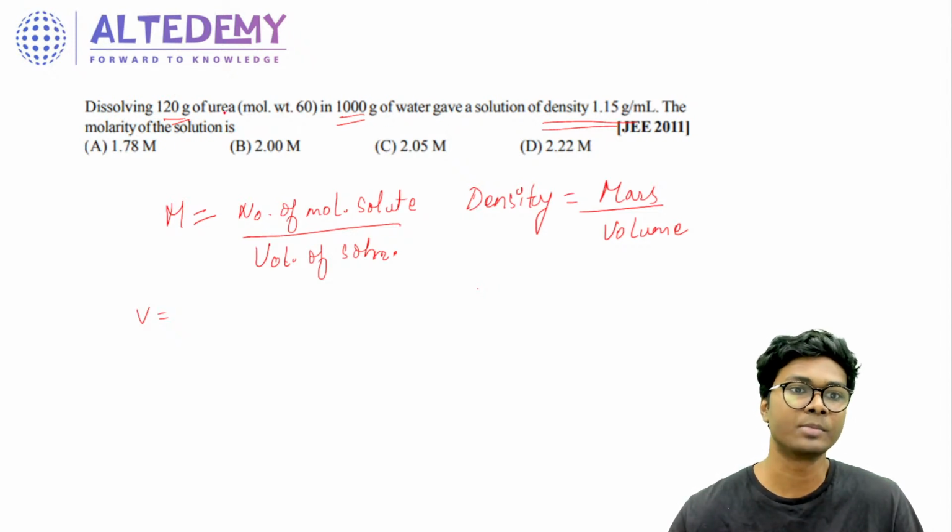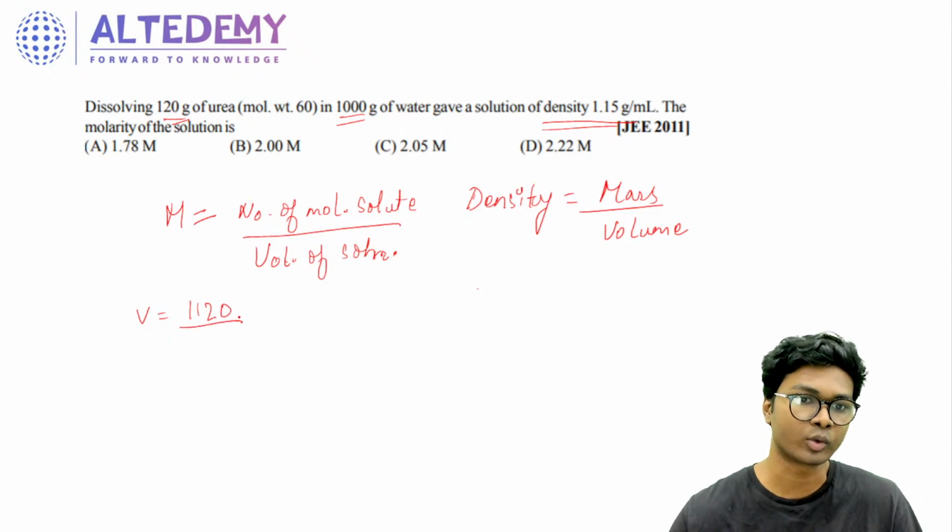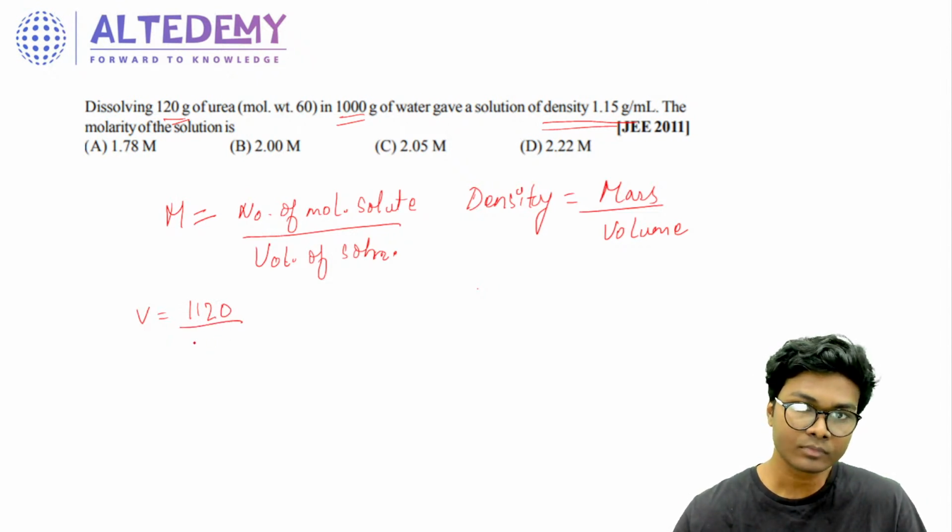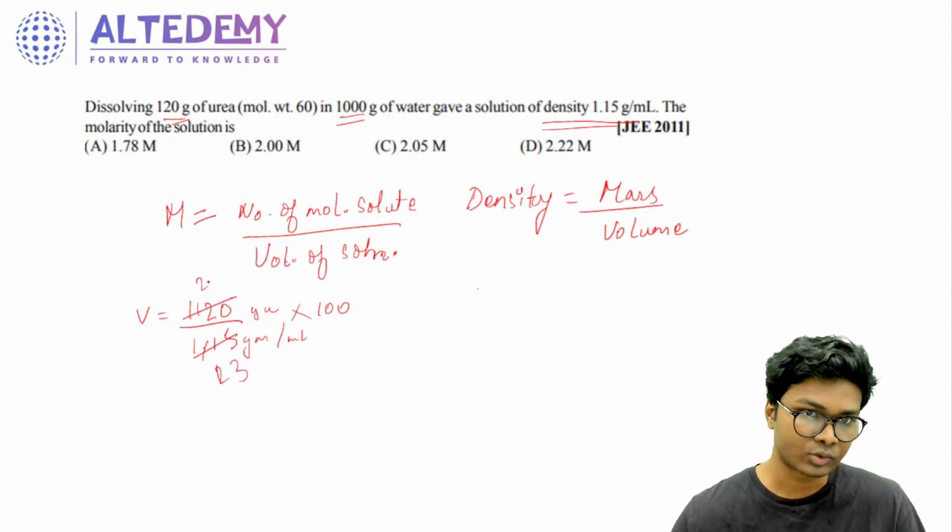So ultimately the mass of the solution will be 1000 plus 120, which is 1120, divided by the density, 1.15 grams per ml.